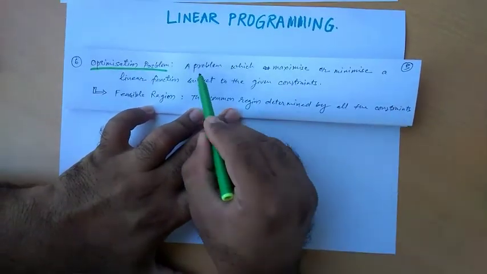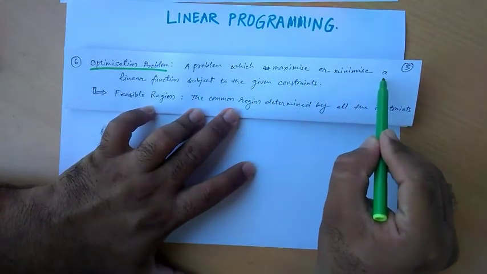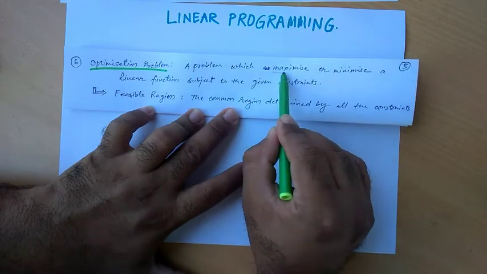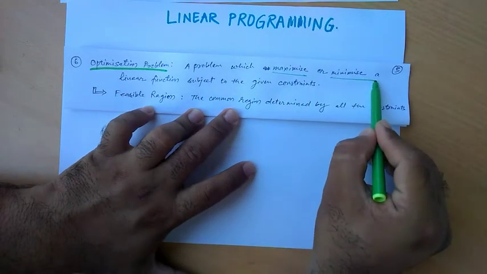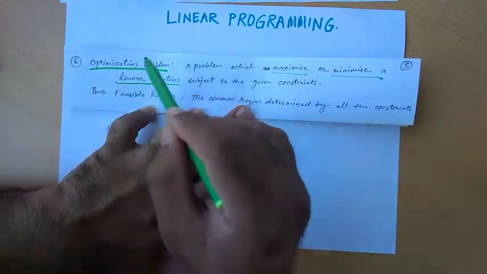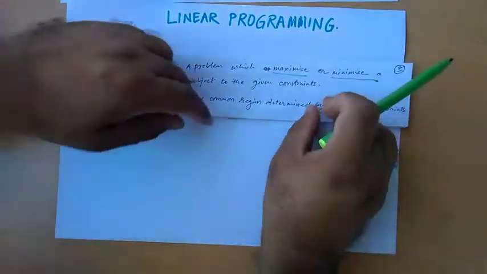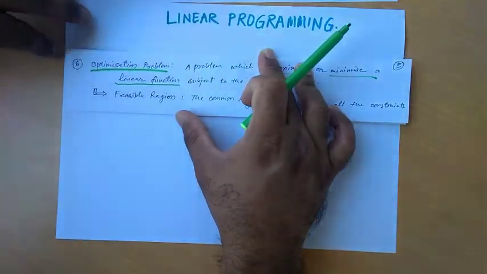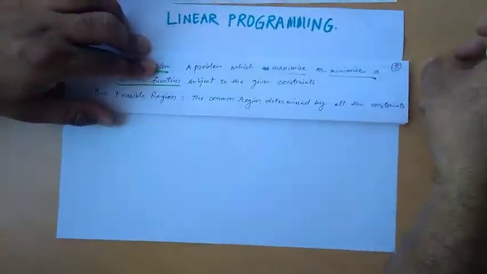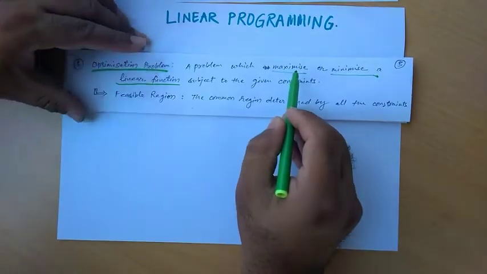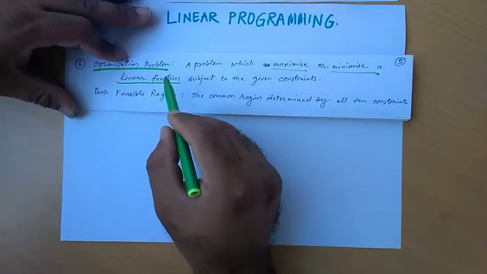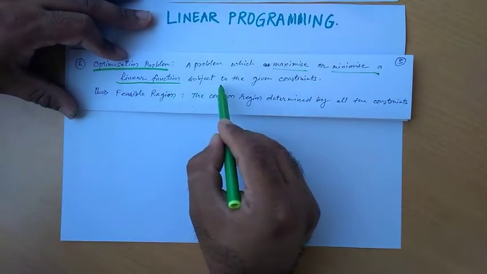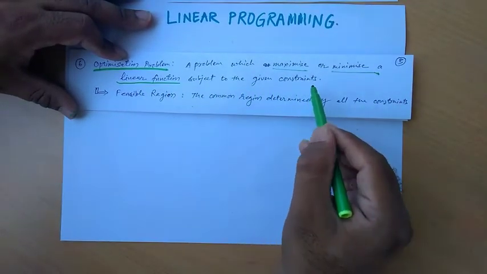It is a problem which maximizes or minimizes a linear function subject to the given constraints. So the optimization problem is nothing but the problem which maximizes or minimizes a linear function subject to the given constraints.